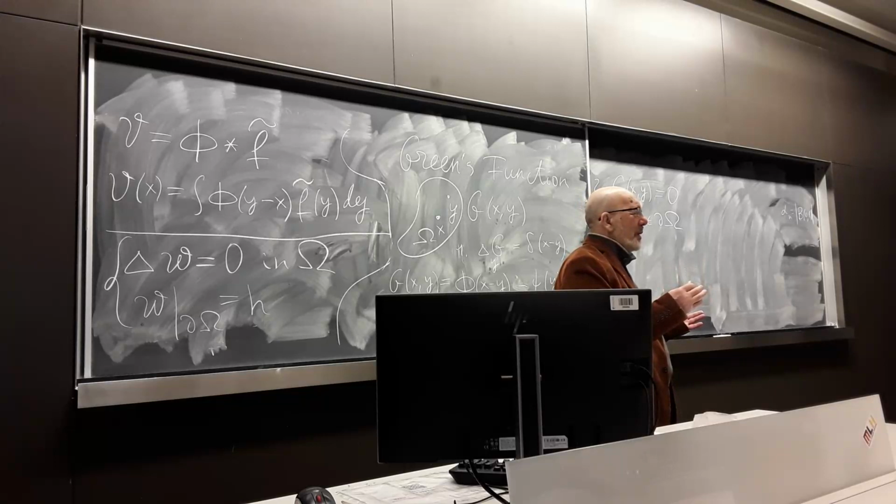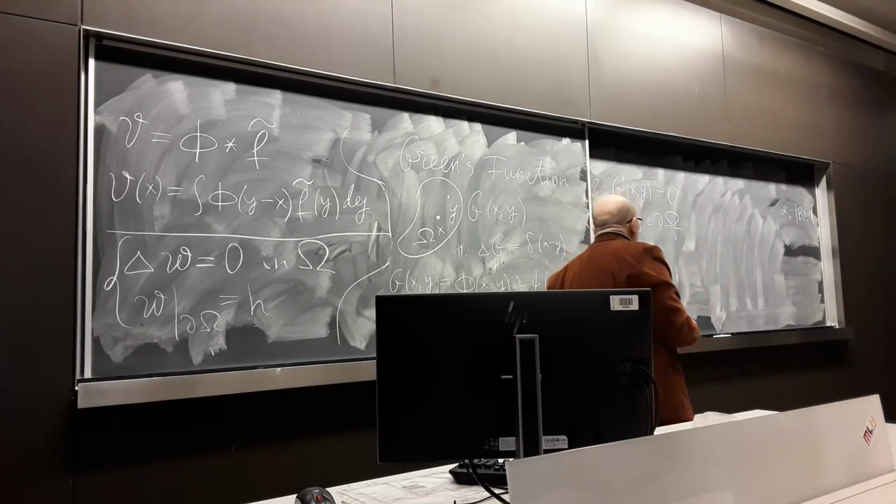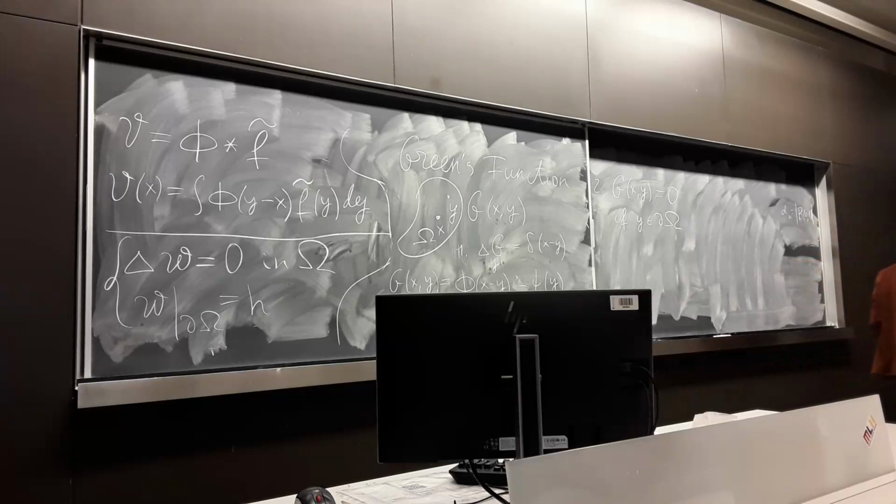Either we should solve a non-homogeneous problem with zero boundary conditions, or we have to solve homogeneous problems, the pure Laplacian equation, with some non-homogeneous boundary conditions. Because if both are zero, the Laplacian is zero and on the boundary it is zero, the function can be only zero.